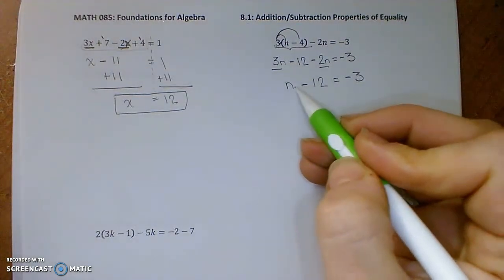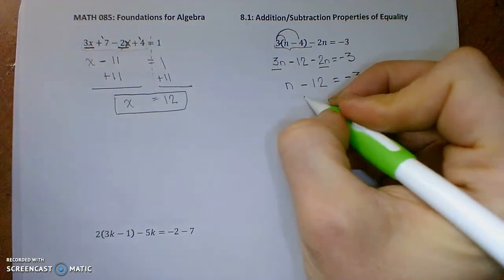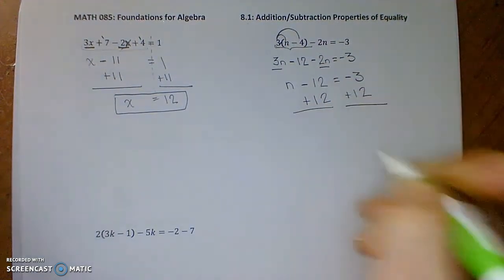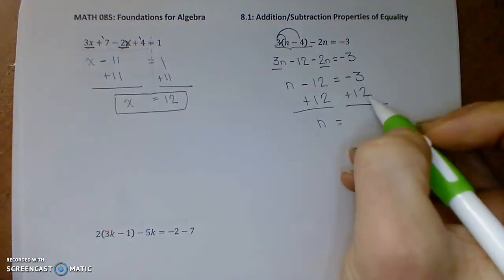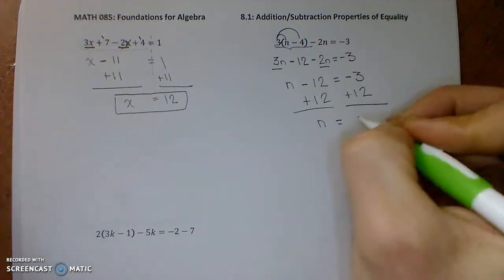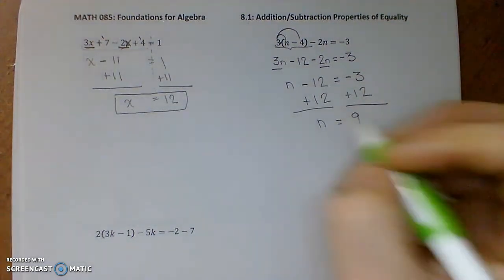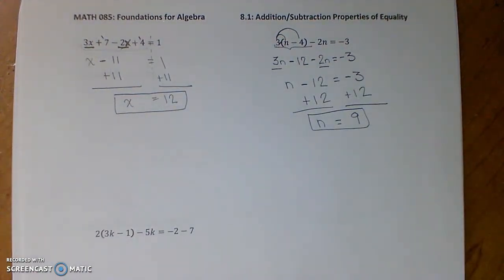Now again, the operation here connecting n to 12 is subtraction, so I'll undo that by adding 12 to both sides. And minus 12 plus 12 is just n, and over here on the right, negative 3 plus a positive 12 will be a positive 9. And then you can always go back and check your work like we've shown before.